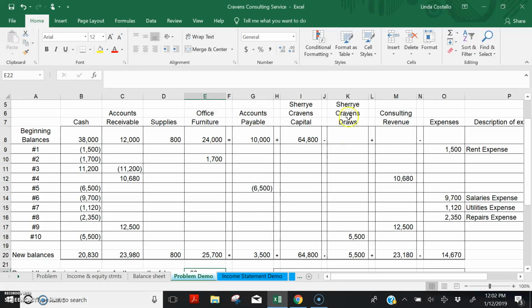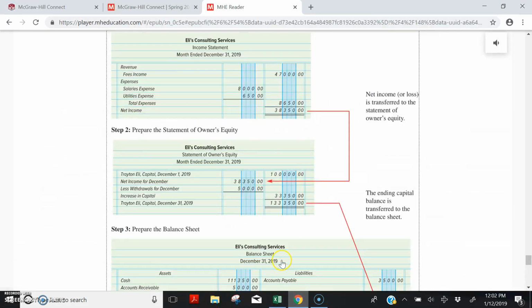While we're here, notice that her draws during the month of January were $5,500. Then we'll need to show net income for January, and we'll take that off of our income statement, less the $5,500 withdrawals we just talked about. That will calculate an increase in capital.